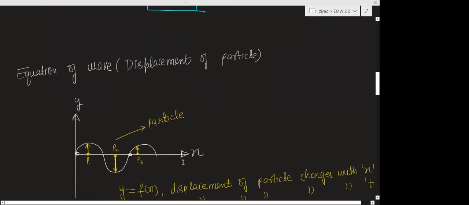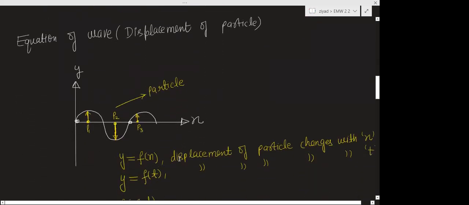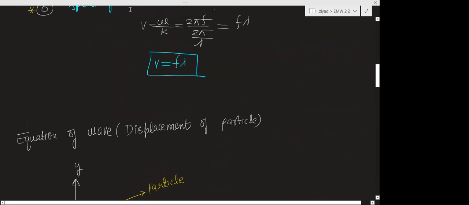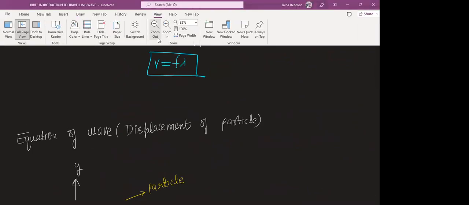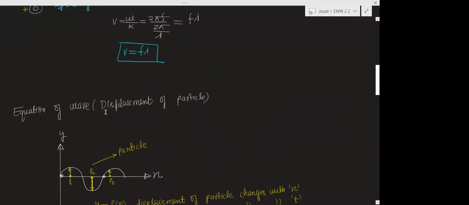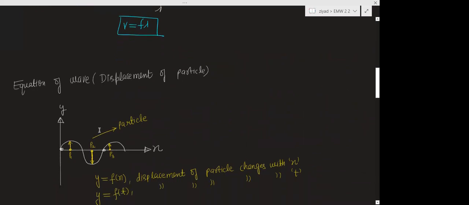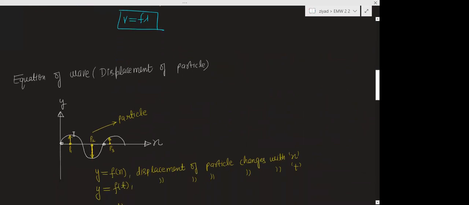Now, equation of the wave, how do we write the equation of the wave? For example, this is a wave like this, and suppose here is some particle, and at this position this particle is oscillating in the y direction.